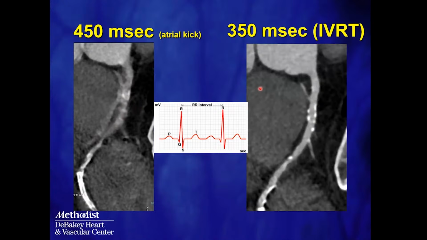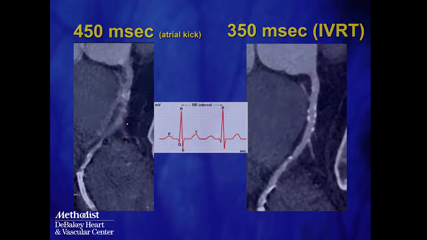In this same patient, if you acquire data during the isovolumic relaxation time, typically around 300 to 400 milliseconds, a little over the T wave after the aortic valve closes and before the mitral valve opens, this segment is quite interpretable, and we are able to accurately assess for any luminal stenosis, while in the other the motion artifact was severe enough that it renders this segment uninterpretable for stenosis.